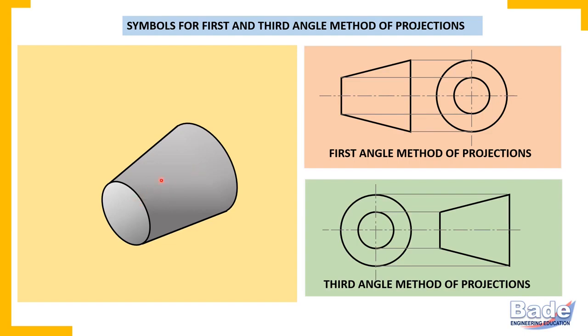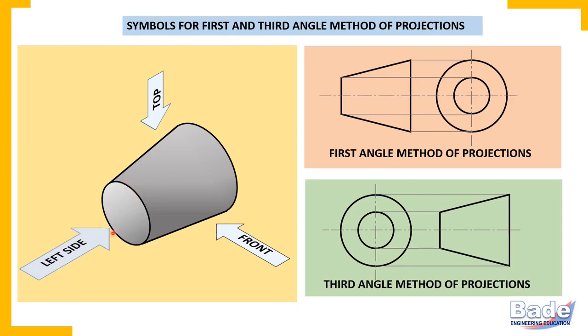Here the cone is placed in such a way that its axis is parallel to HP as well as VP. This is the front side of the object. So in front view, it appears as a trapezium. And this smaller circular end is visible from the left side view. Top view is not drawn here, but this is the left side.